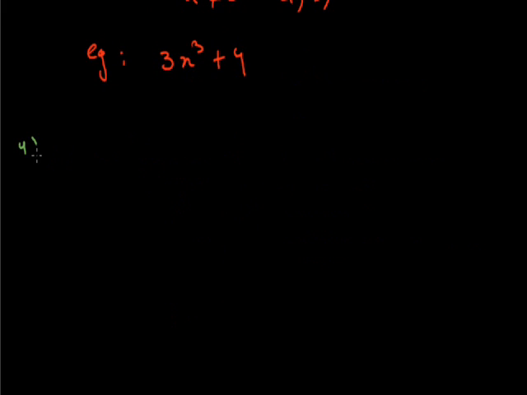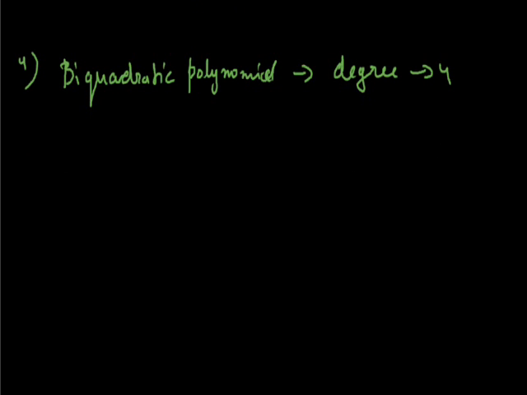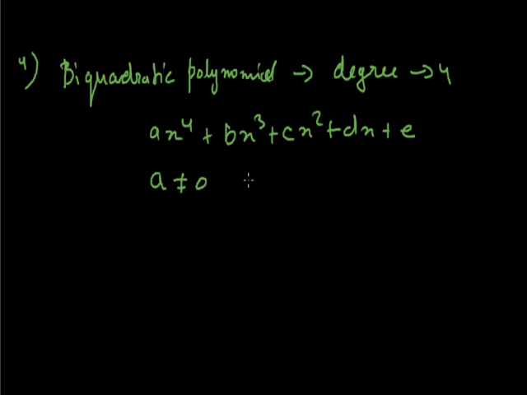Next is the fifth type of polynomial, that is the biquadratic polynomial. In a biquadratic polynomial, the degree of the polynomial is 4. And the general form is ax to the power 4 plus bx cube plus cx square plus dx plus e, where again a should not be equal to 0 and a, b, c, d and e should be real numbers.